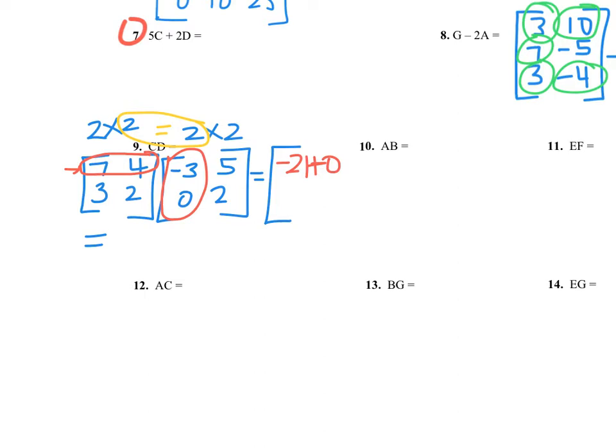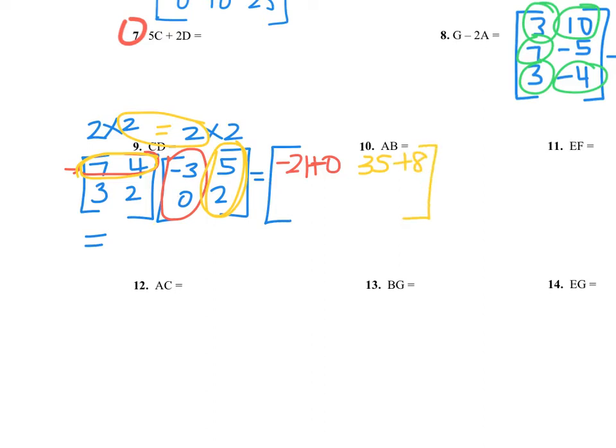Okay? All right, so then I'm going to do it again. This time I'm going across this row, same row, but I'm moving on to the next column. Okay? So I'm going to go 7 times 5 is 35. I'm kind of crowding into the other guy. 7 times 5 is 35, and 4 times 2 is 8.